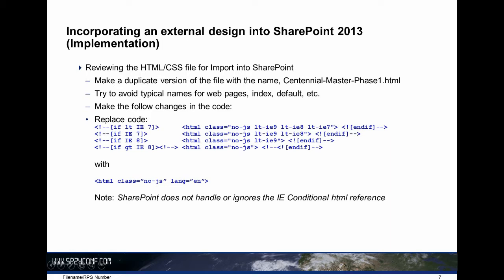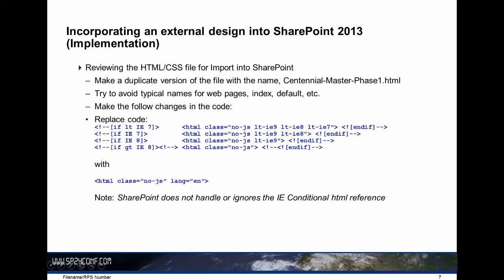So we got the actual HTML and the CSS files, and we went through them, and there's a couple things that we needed to do here. What we did first was we created a duplicate version of the index page that they had and named it something ourselves. We might want to avoid using names for our files like index or default, because that's something typical that SharePoint might use.